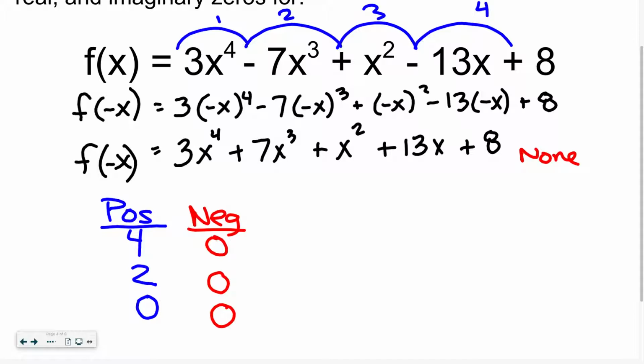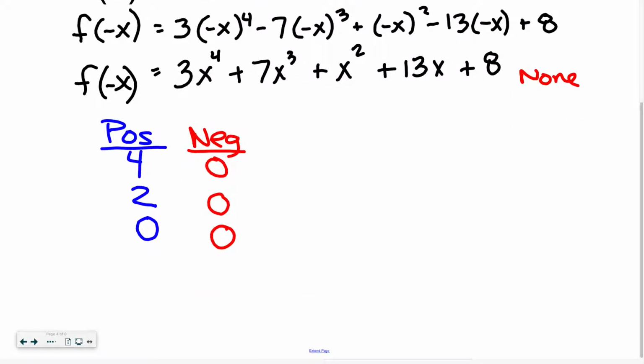If there were like 2 or 0, I would have to say it could be 4 or 2, 4 or 0. Like those would be matches that I could make. But now I can fill in this. If I had 4 positive and 0 negative, how many imaginaries would I have? What was the degree of that polynomial? 4.